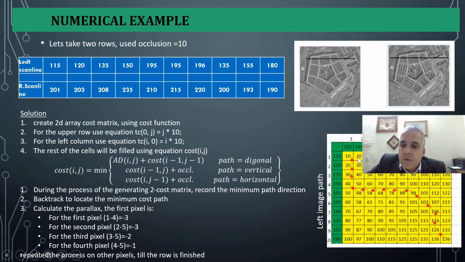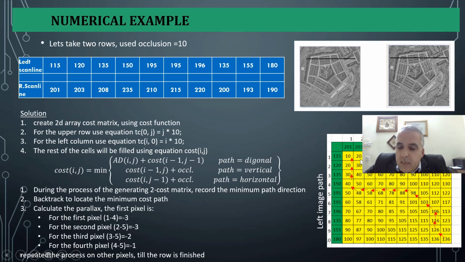First of all, we compare the absolute difference, 120 minus 203.